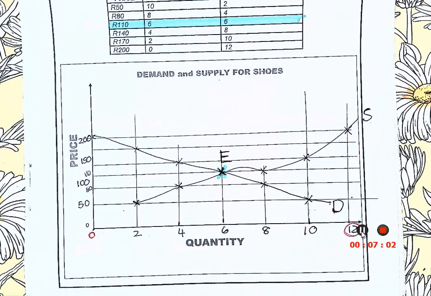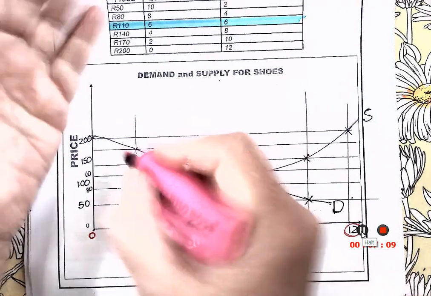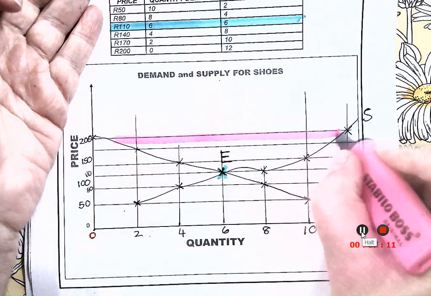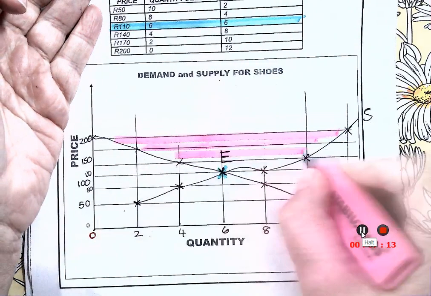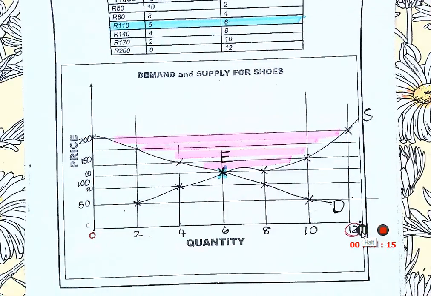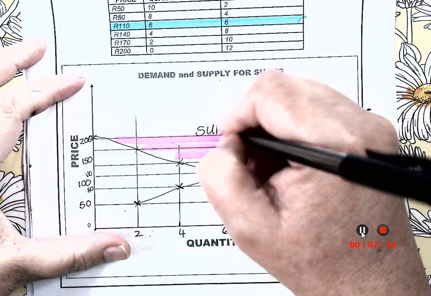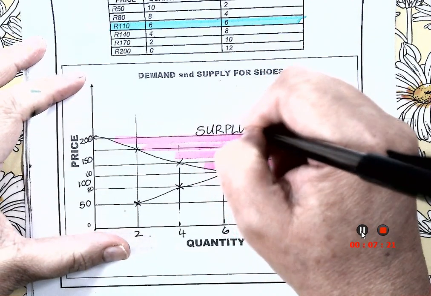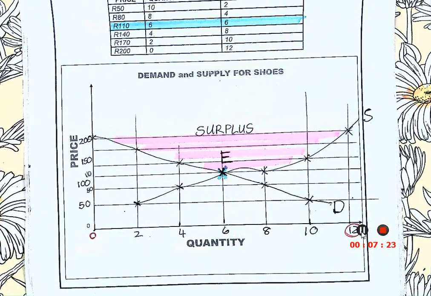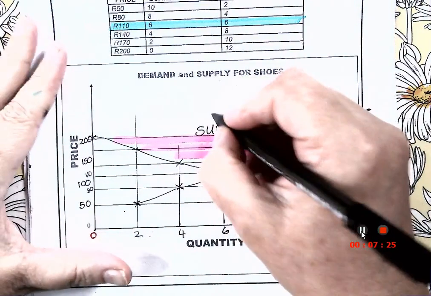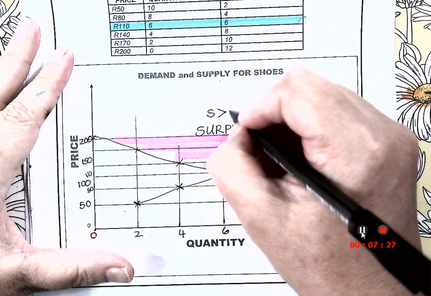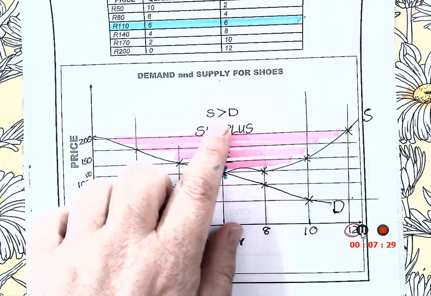Can you see there's a surplus supply? There's too much. So if I color this in, this I call the surplus. Meaning my supply is more than my demand. You know that sign from maths.